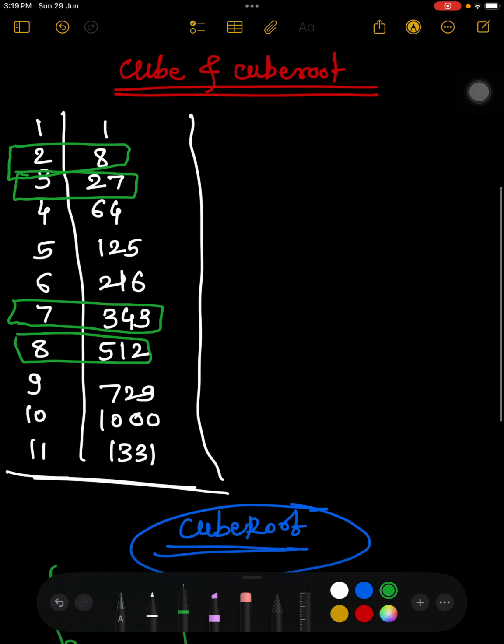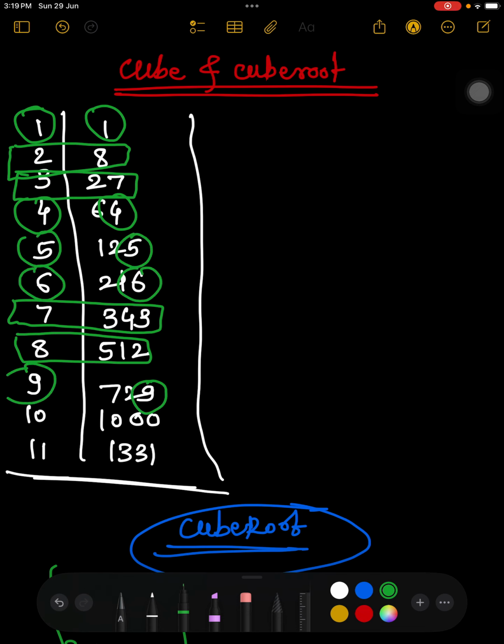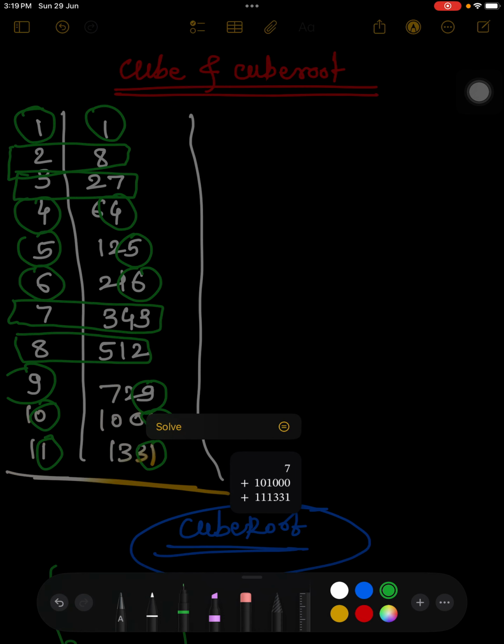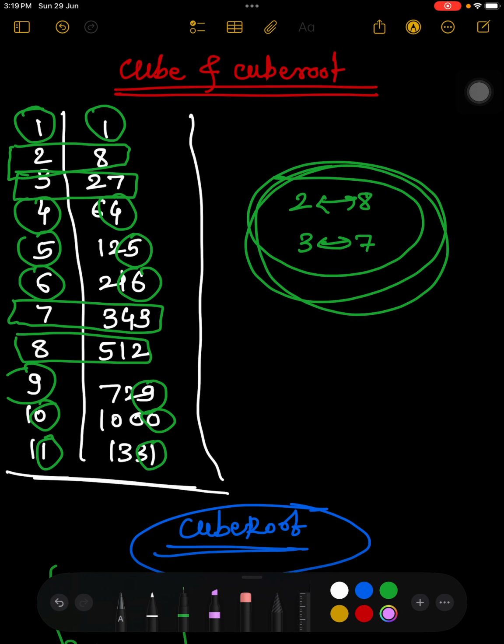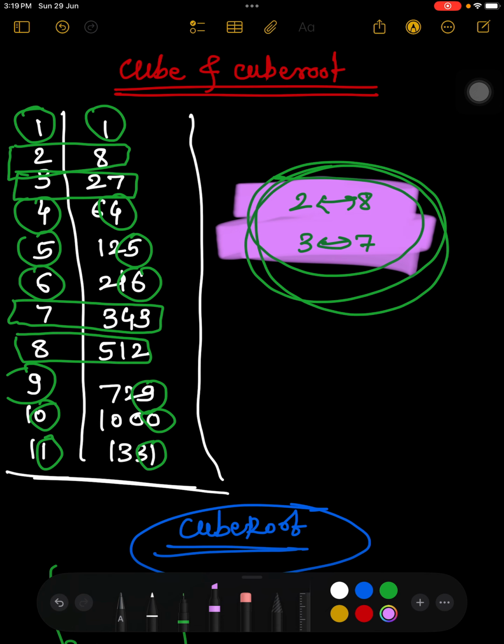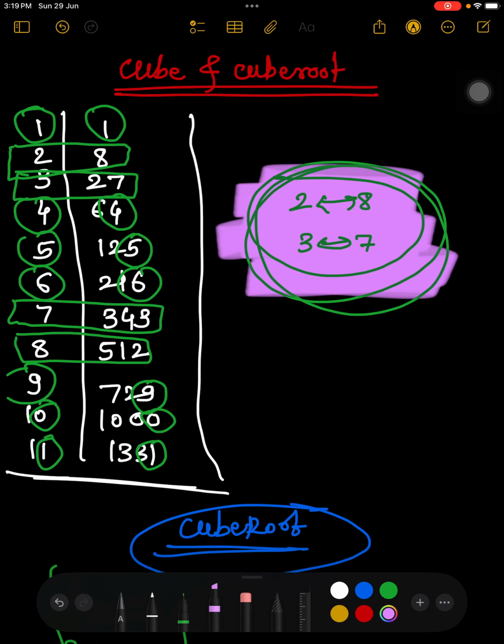And for the remaining, 1 ends in 1, 4 in 4, 5 in 5, 6 in 6, 9 in 9, 0 in 0. So the most important highlighted thing to remember is that the pair of 2 is 8 and the pair of 3 is 7.